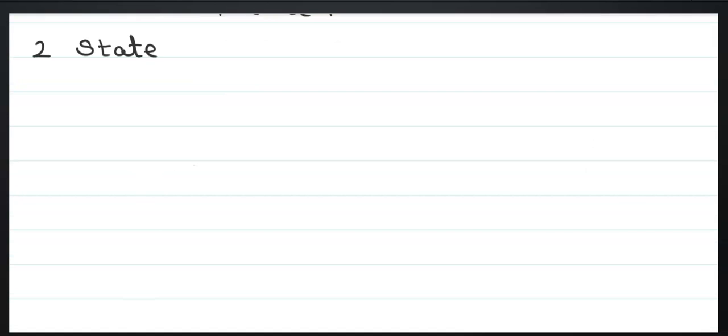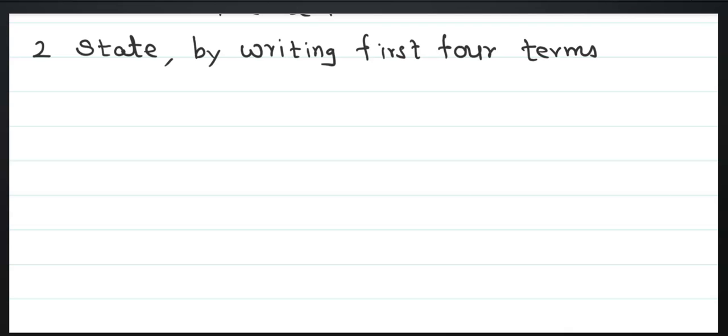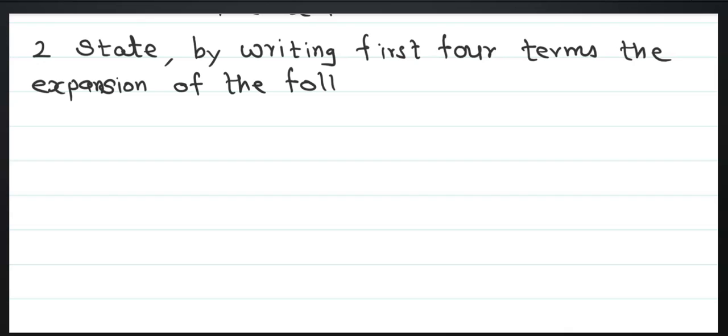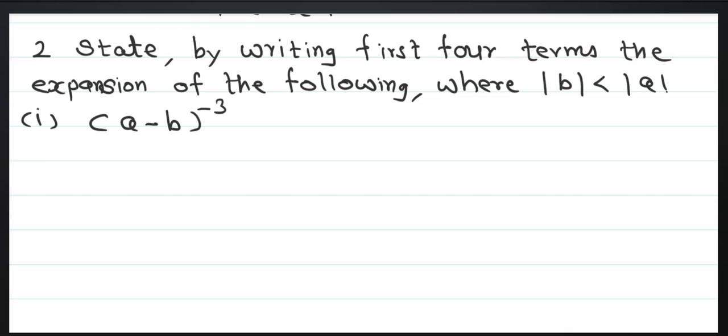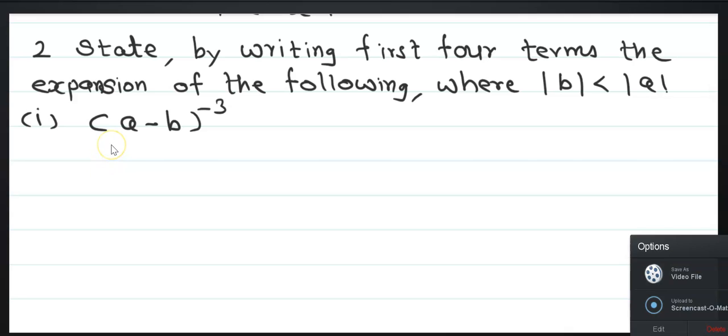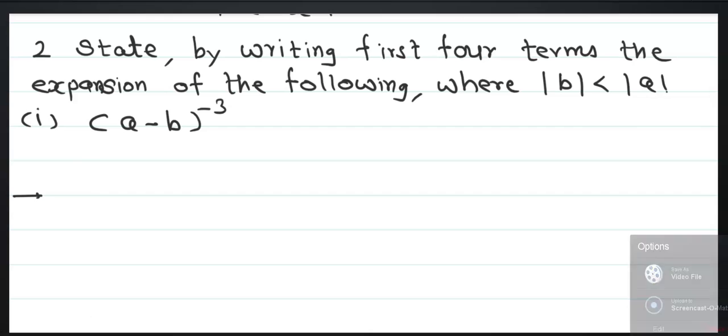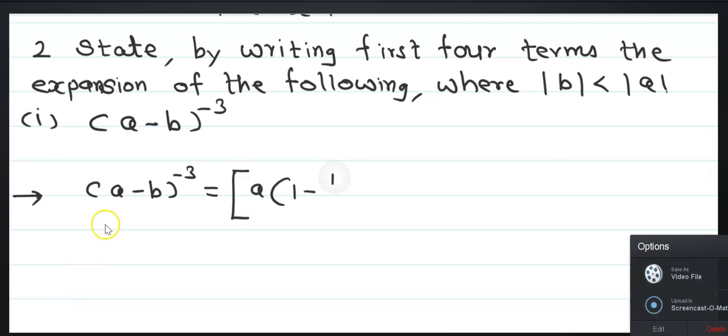Now the next. State by writing the first 4 terms of the expansion of the following, where mod of b is less than mod of a. Now the first example is (a minus b) raised to minus 3. In this case, we will take a as common.